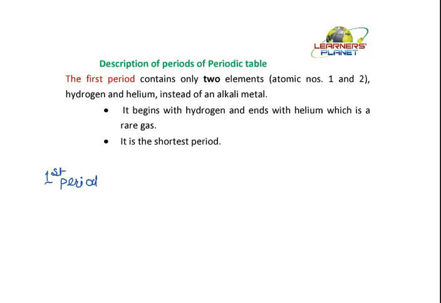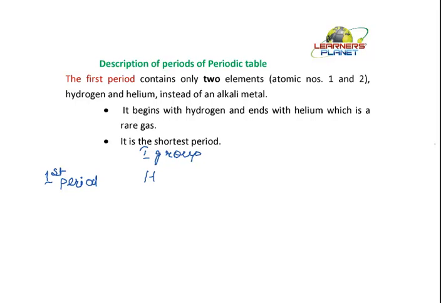And here the first group. And what is it here, students? It is hydrogen. And in the 8th group or the 0 group, what is in the last? It is helium.